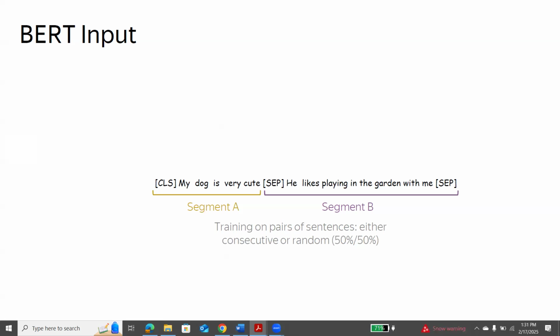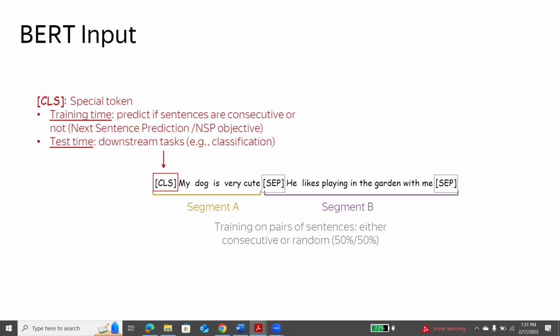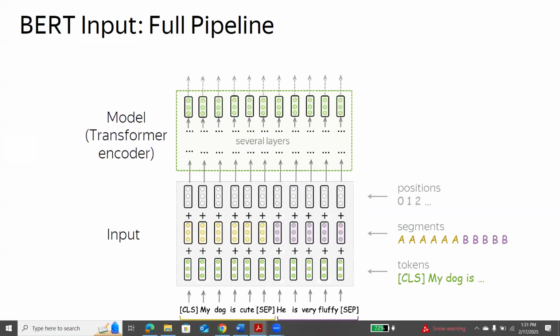So the second task for which BERT was trained is called mask. But okay, before we go into mask, let's talk about the input.